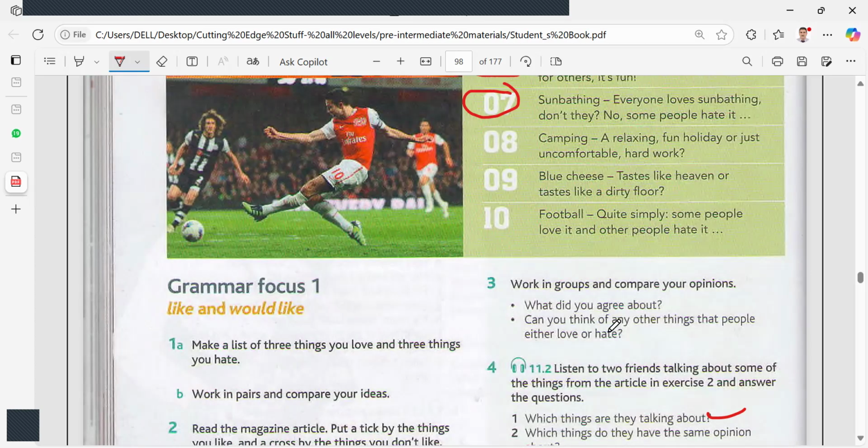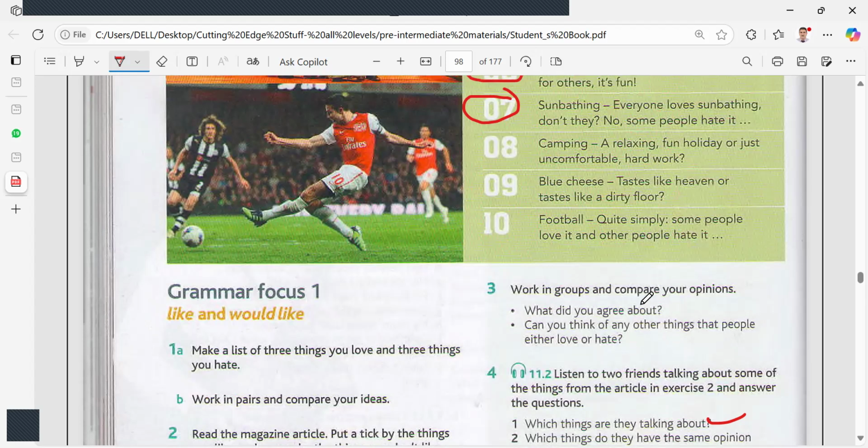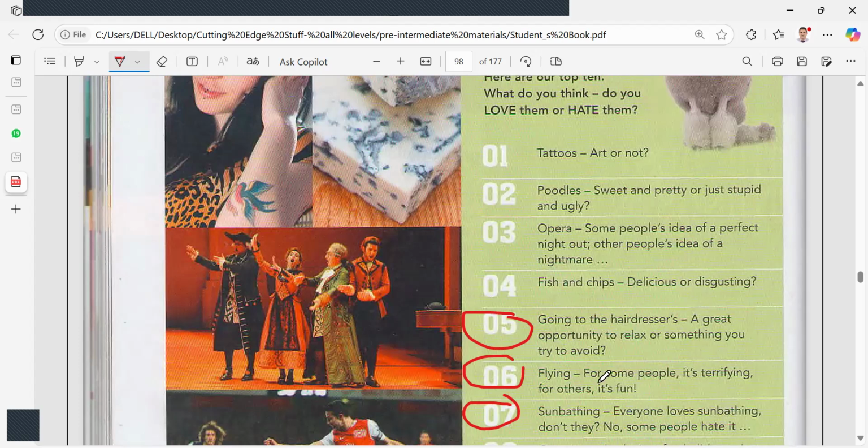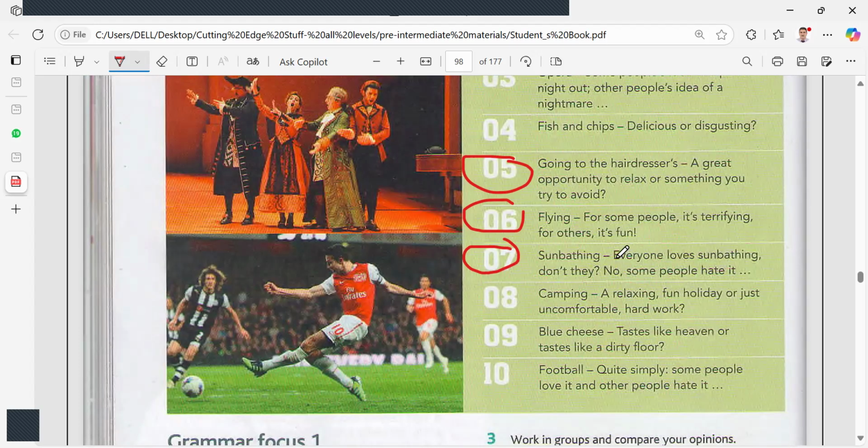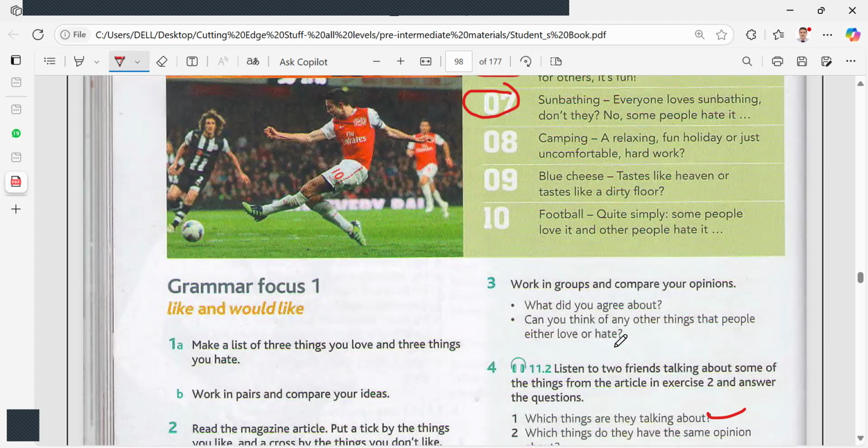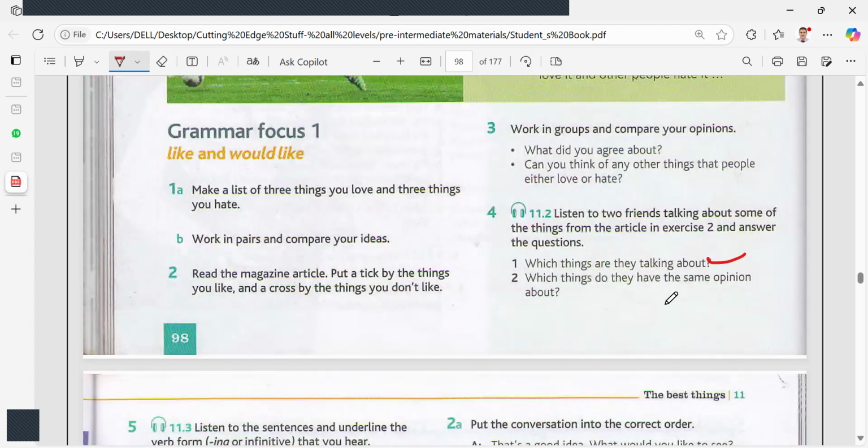Which one do both of them have the same opinion about? Flying. Yes, you are right, flying. Both of them hate flying, right? Yes. And what about hairdressers? The girl likes going to the hairdresser, but the other one dislikes it.